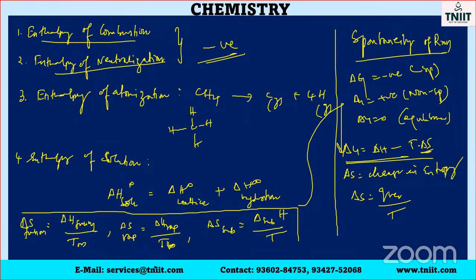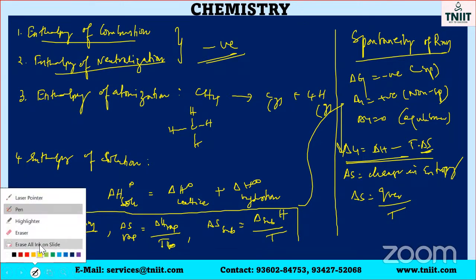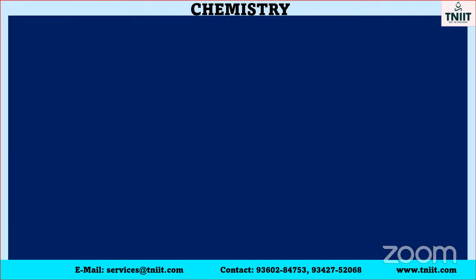Now, two more formulas you should remember. Coming to the other formula, the free energy and electrode potential: delta G naught is equal to minus nFE naught. E naught is the electrode potential, or standard EMF of the cell.